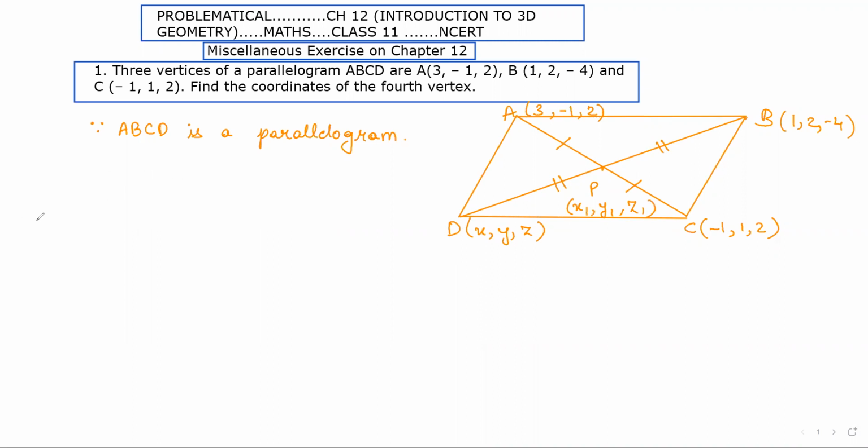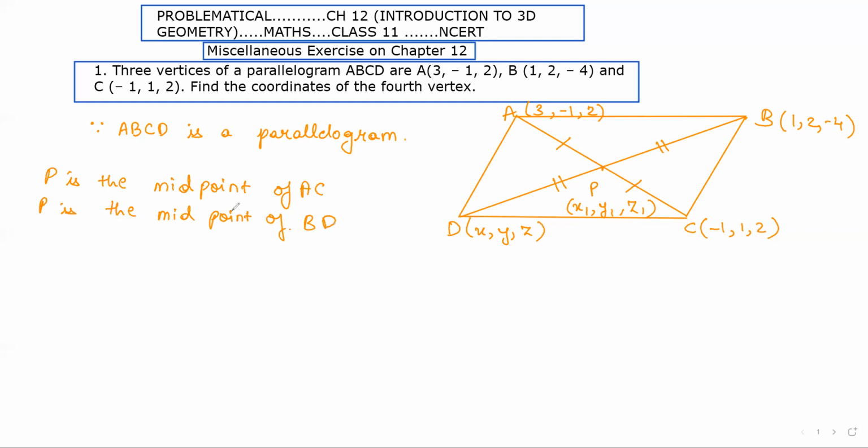Now, P is the midpoint of AC and P is the midpoint of BD.